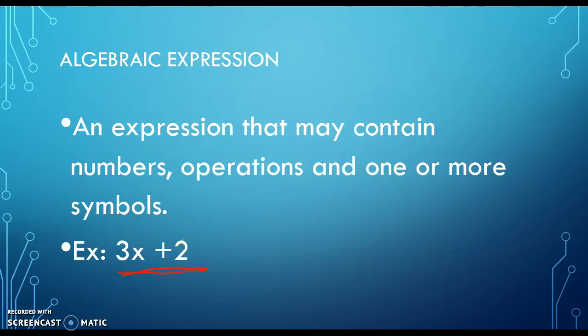It's got symbols. Okay, an expression is just an equation without an equal sign. Okay, we just don't know what it equals yet. And sometimes we're asked to simplify an expression, and sometimes it's just what it is. It's evaluated. So, an algebraic expression is something that has numbers, operations, and some symbols.